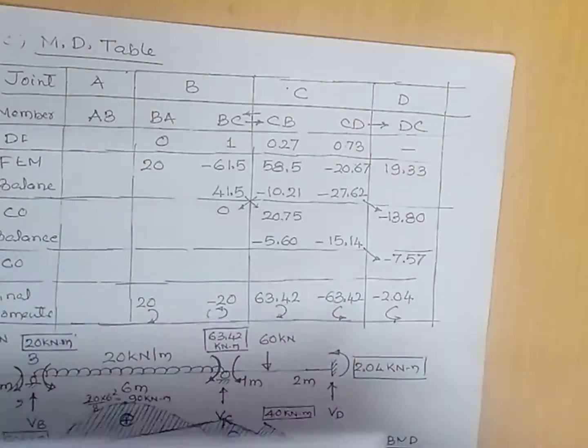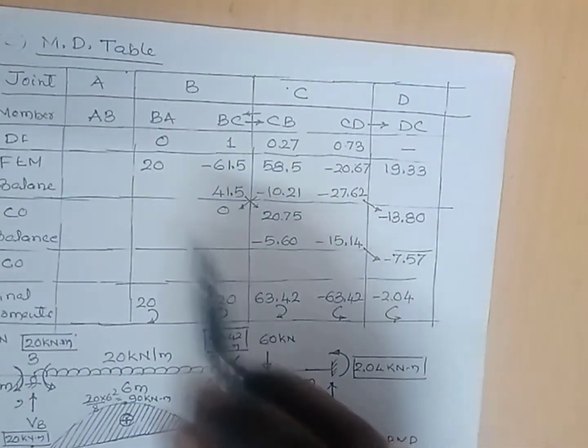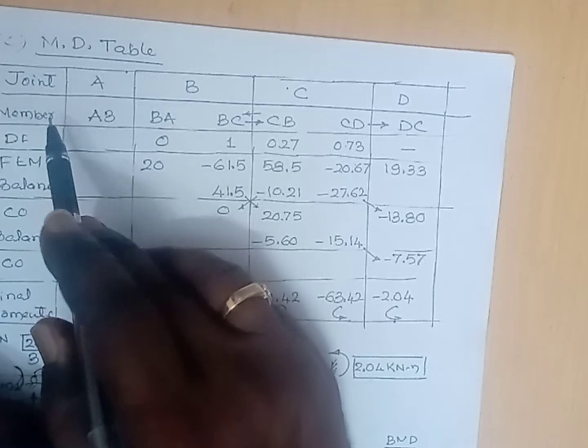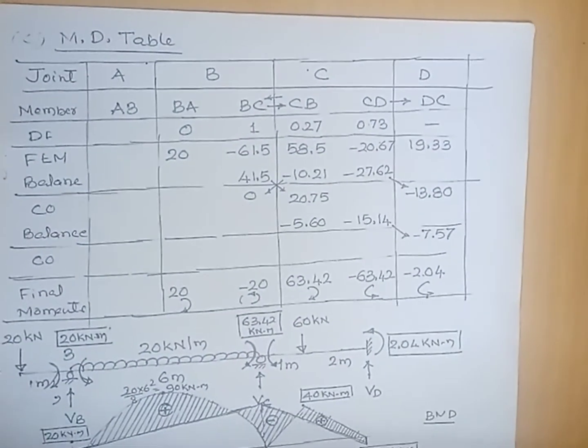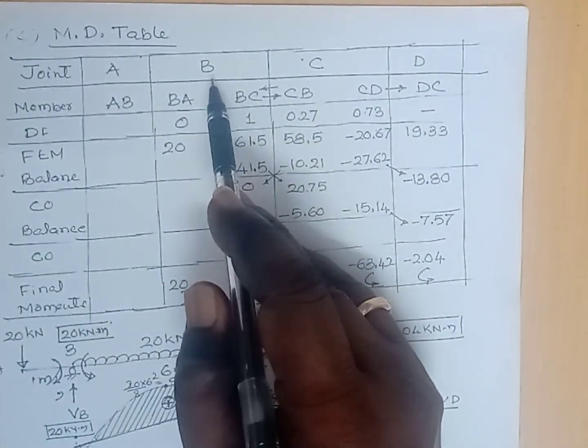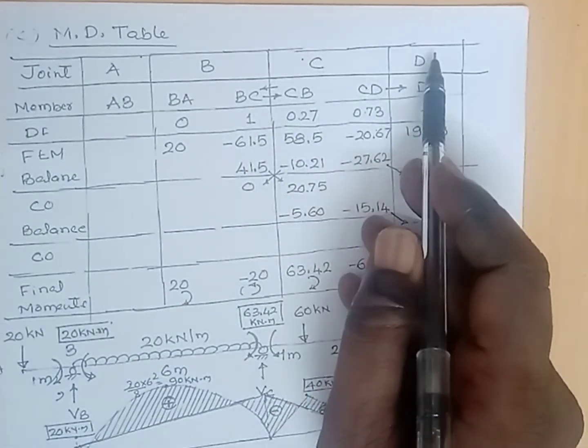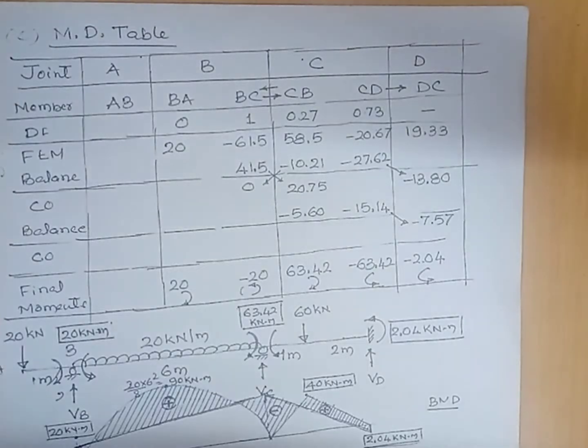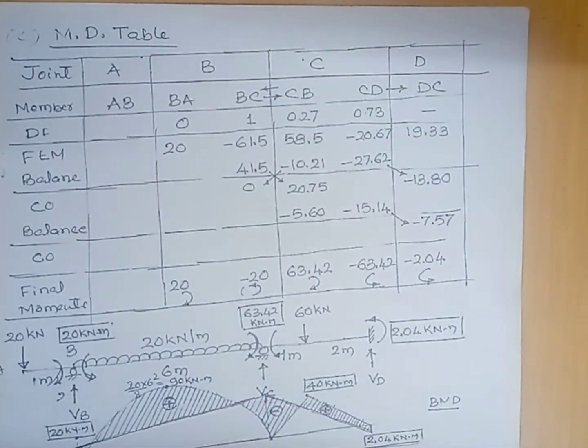Here now we are going to distribute the moment. Now draw the moment distribution table. Here joint A, then joint B, joint C, joint D. At joint A there is only one member, that is AB.